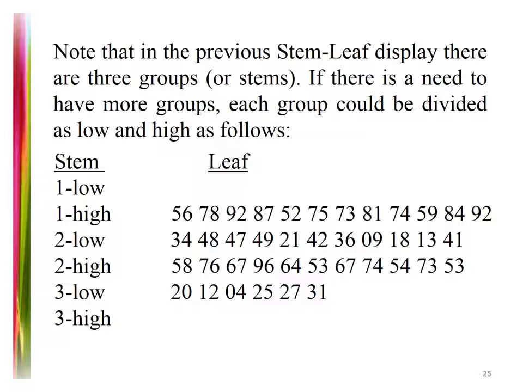Maybe in some situations this is useful. This we call a double stem and leaf plot. And if you want to divide it into three, we can divide it into one low, one mid, one high, two low, two mid, two high, whatever.